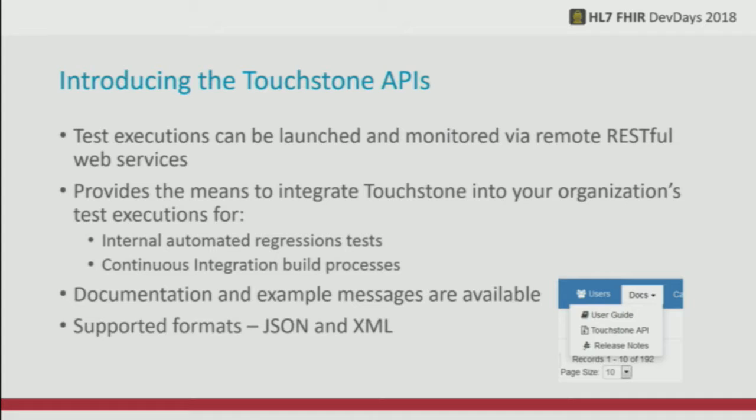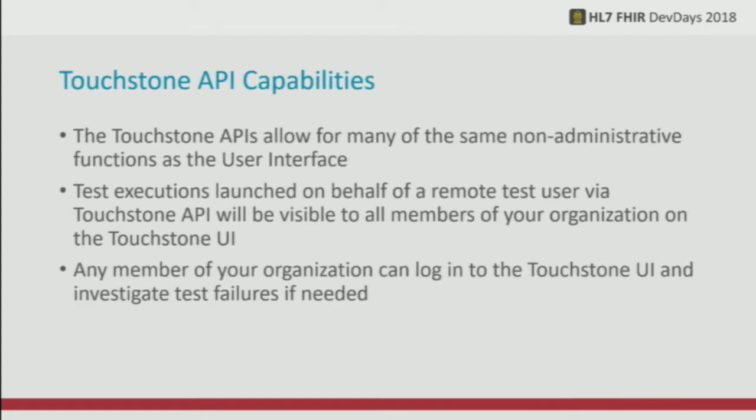We have documentation here for looking up this information, but the idea is that it allows you to do the same non-administrative functions, the test execution, remotely through this RESTful API as you would do through the user interface. So anything you launch remotely, if you go into the UI, you'll see it running. So the same interface will allow you to see what you've launched.